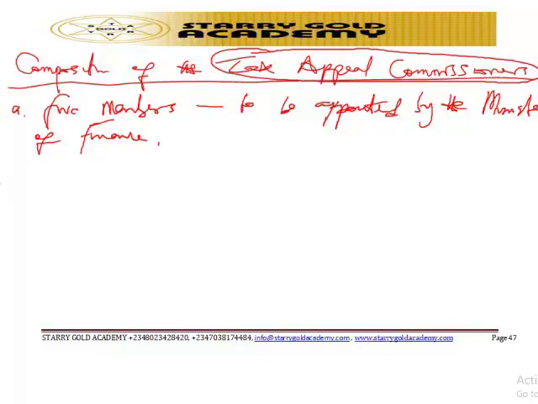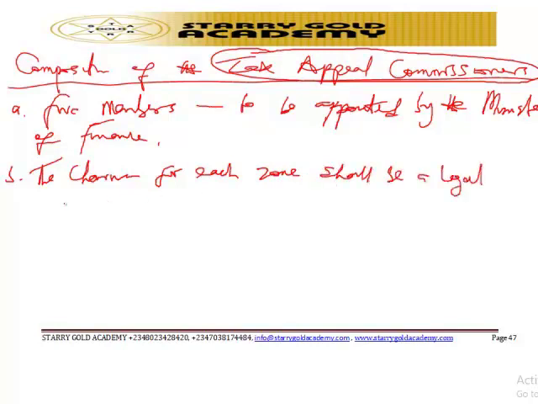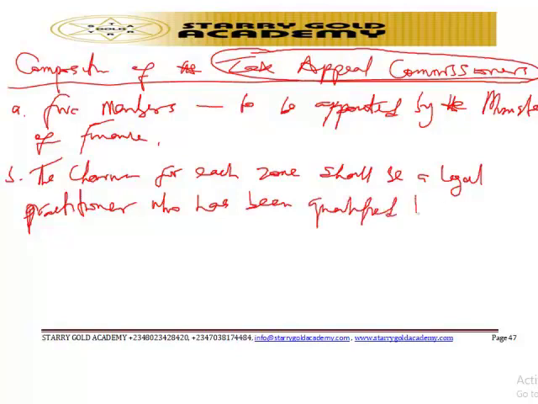And then also the chairman for each zone shall be a legal practitioner. So that's our qualification. A is on composition, B is for qualification.